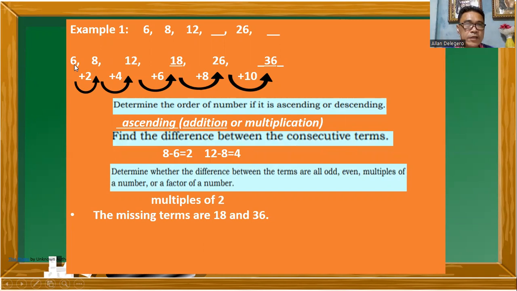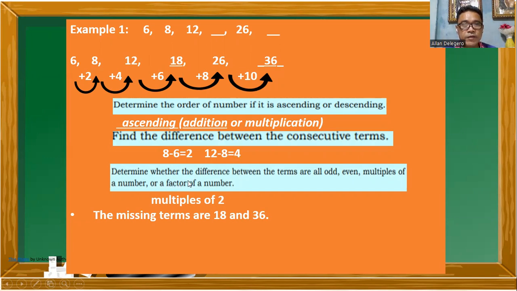So we have here 6 and 8. So we have to subtract 6 from 8. So 8 minus 6 is 2. Then 12 minus 8 is 4.